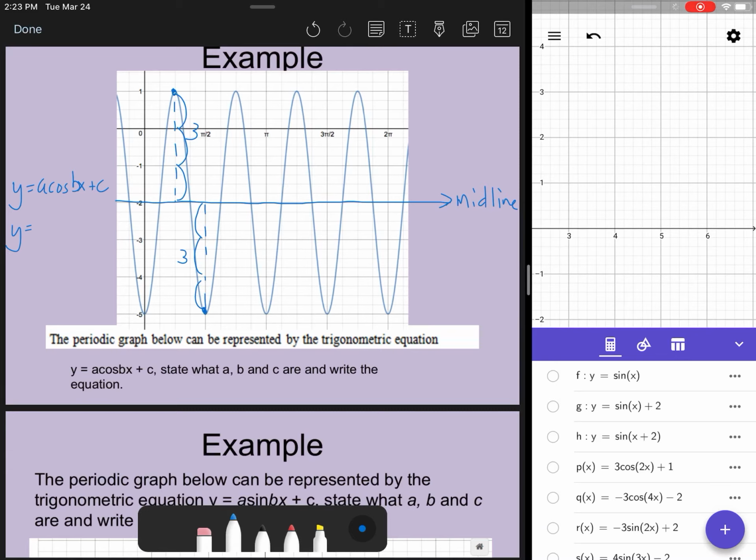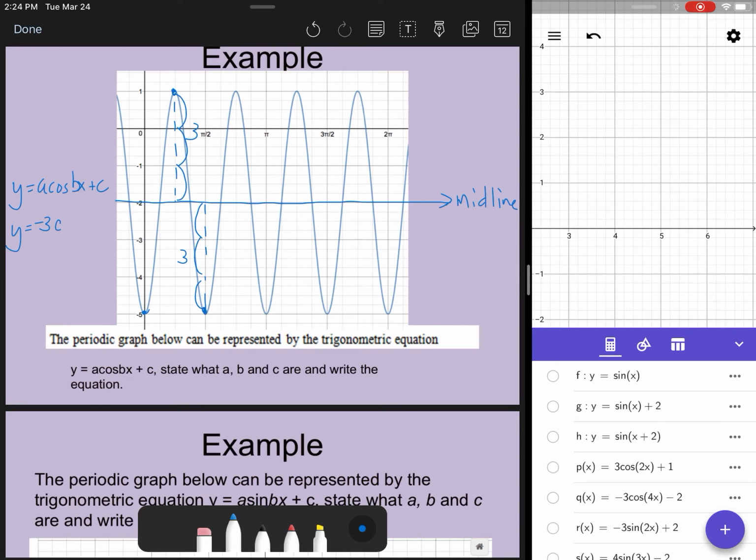From the midline, you're counting up how many units? 3 units, so therefore our a value in this case, well, the amplitude is 3, but which direction am I going in from the beginning? I'm going up or down. Because we're starting down here, that's going to be a negative 3.